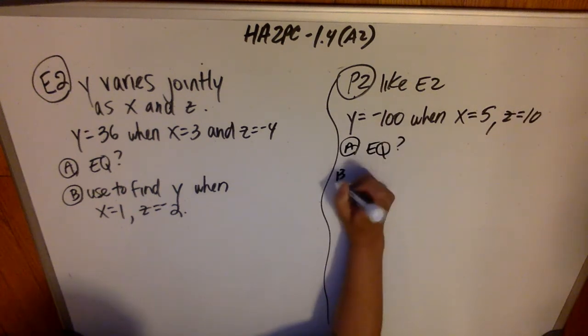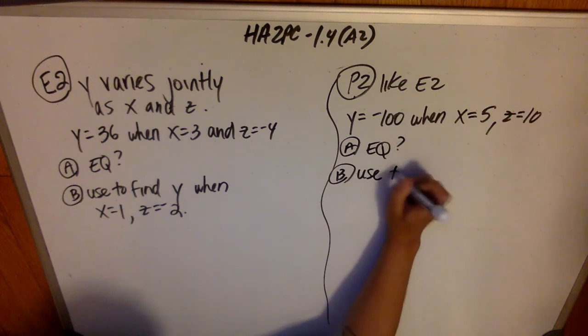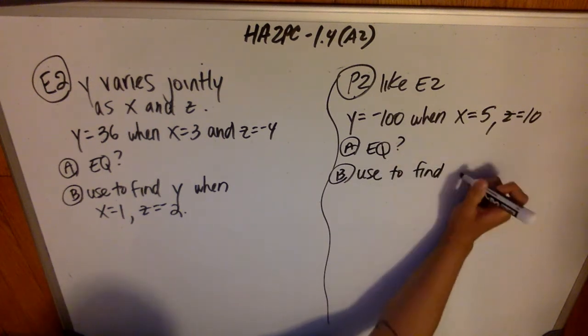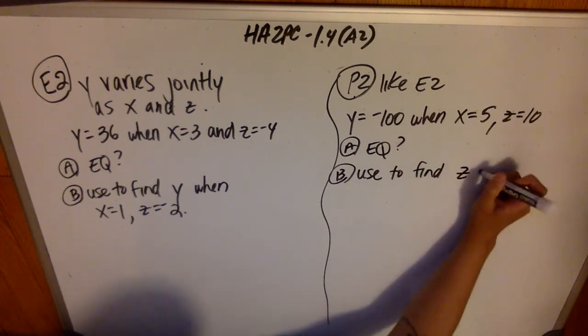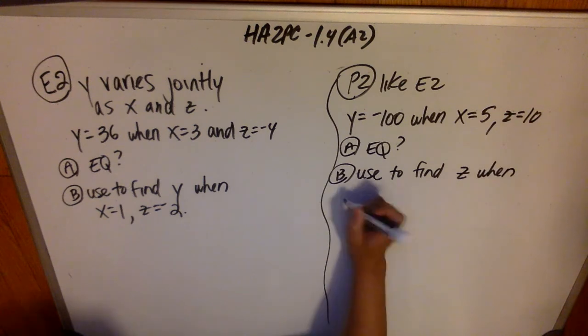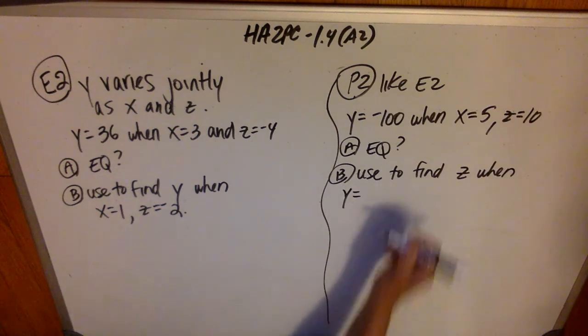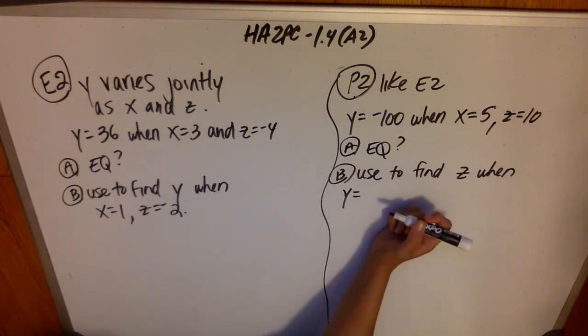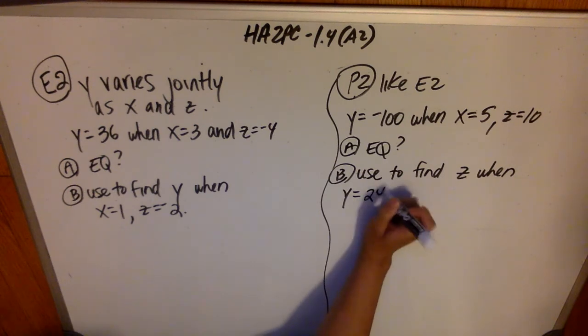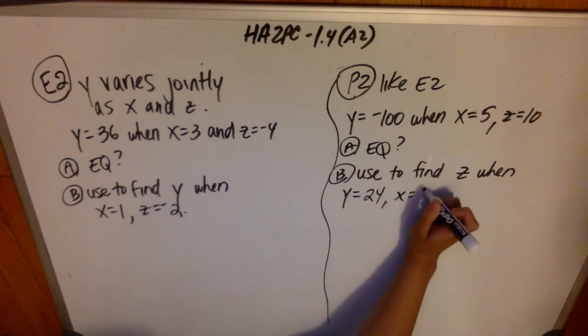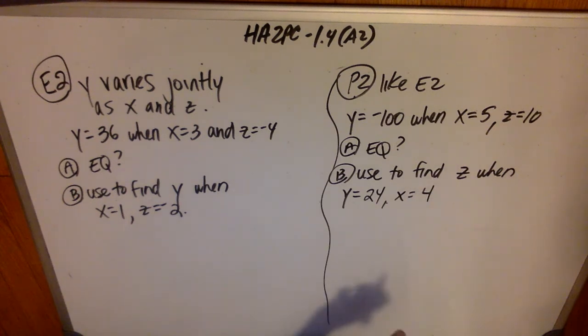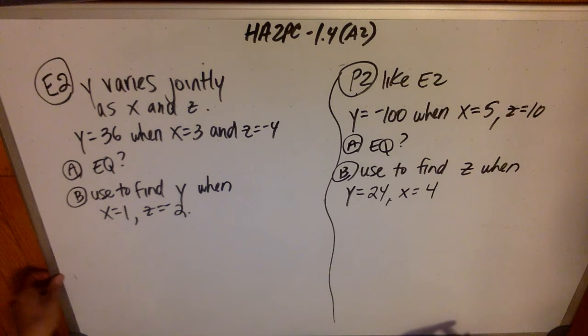And for B, we're going to use this to find z when y equals 24 and x equals 4. Okay, cool. All right, so let's walk through E2, and then you can try P2 on your own by pausing me.